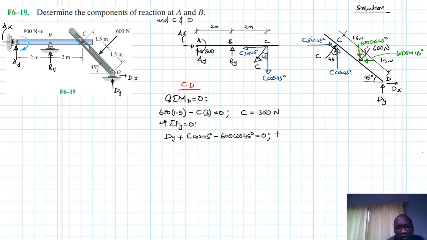Therefore, our dy is equal to, mind you, we've already found what c is, so just replace c there.